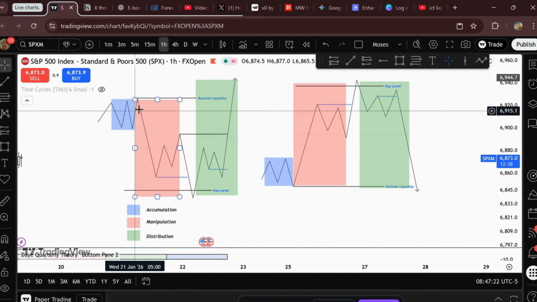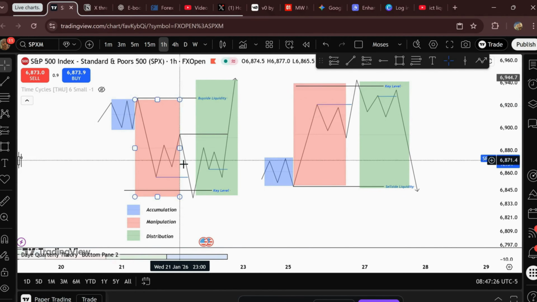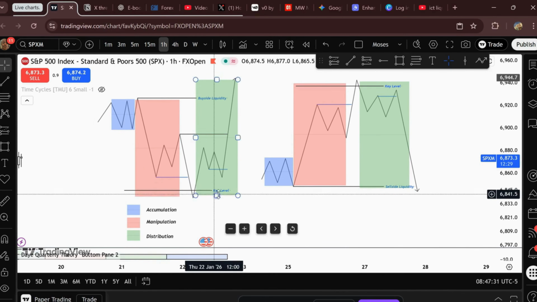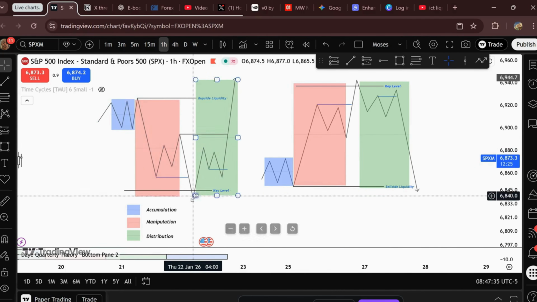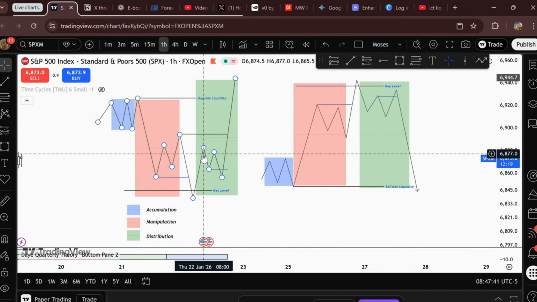So when price manipulates lower, we want price trading low until it meets its target. That target is mostly a key level, which is a higher time frame PD array. And as soon as price trades into that key level, we want to see price reject off that key level, right?